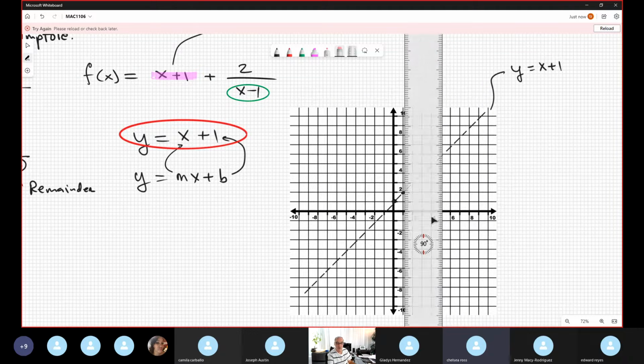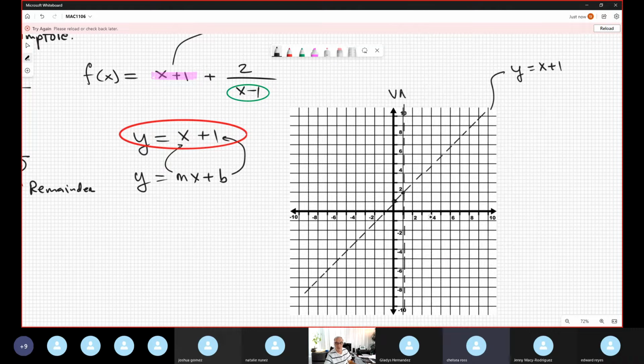Don't worry too much about this because we are doing lessons, just a few seconds. Go. This is the vertical asymptote. Okay, no more rules. We have a vertical asymptote and we have a slant asymptote. On the graph, in Desmos, let's see, it's something like that.